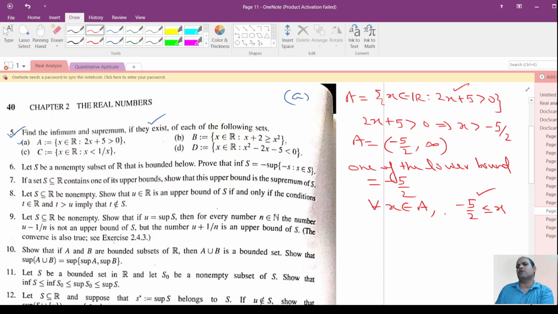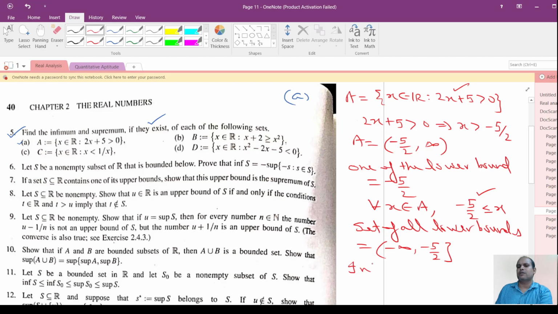Hence minus 5 by 2 is one of the lower bounds, and any real number less than minus 5 by 2 is also a lower bound. So the set of all lower bounds will be minus infinity to minus 5 by 2, closed at minus 5 by 2.